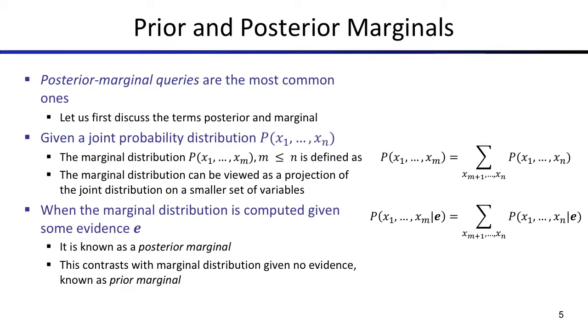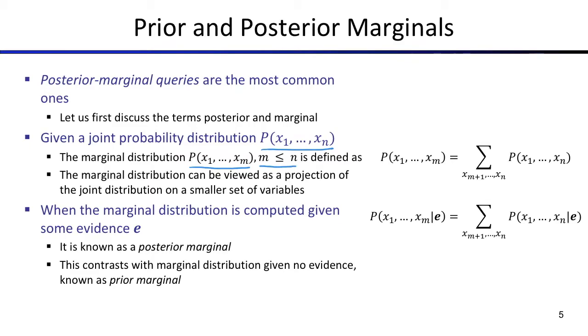We have the joint probability distribution, that is a distribution over a certain number of variables n. And the marginal is a distribution over a smaller number of variables that we call m, such that m is less than or equal to n.